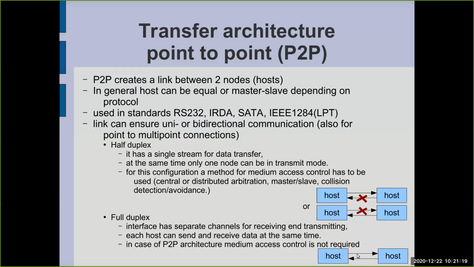In case of full duplex, these nodes can be equally important, so every one of them can send data at the same time. The most common example of full duplex interface using point-to-point architecture is serial ATA. So in this case, the hard drive and the controller can send data at the same time.